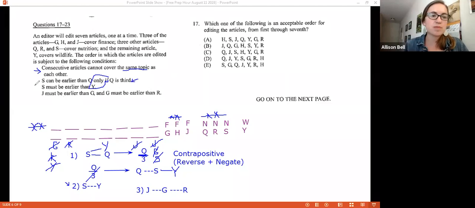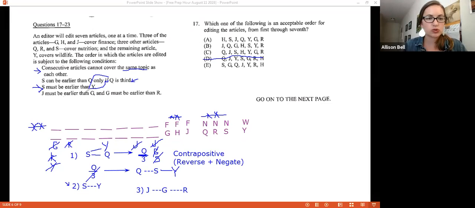So I might actually skip all the way down to rule number 3 because I can play the LSAT on whatever terms I want to. And I think rule number 3 is a lot easier than either of the first 2 rules. So S is earlier than Y. I'm just going to check that out. S before Y, S before Y, S before Y. Ooh, okay, Y before S. I'm going to cross that one off. Cool. And then the last one checks out.